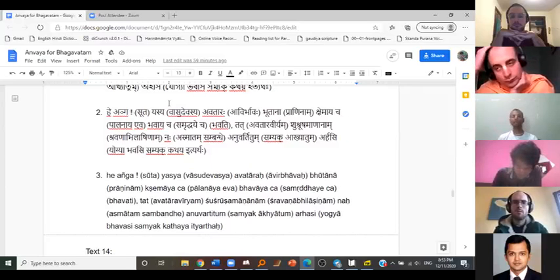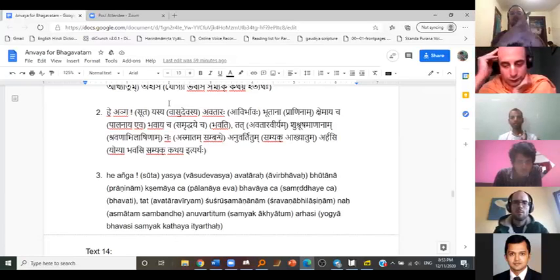So I did a little research on both of these words. They are synonymous to some extent. It is like an affectionate sambodhan, with affection. Hey aṅga, O dear one, O Suta, yasya avatāraḥ bhūtānāṁ kṣemāya ca bhavāya ca bhavati.